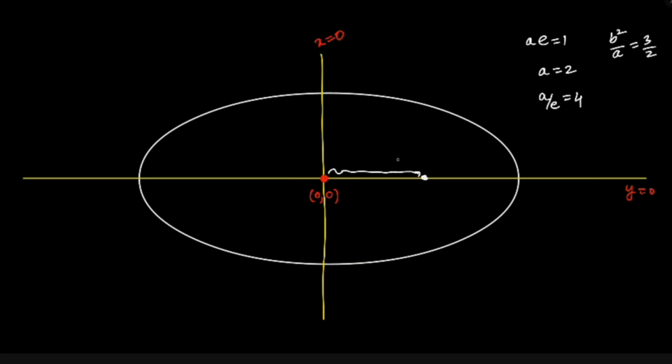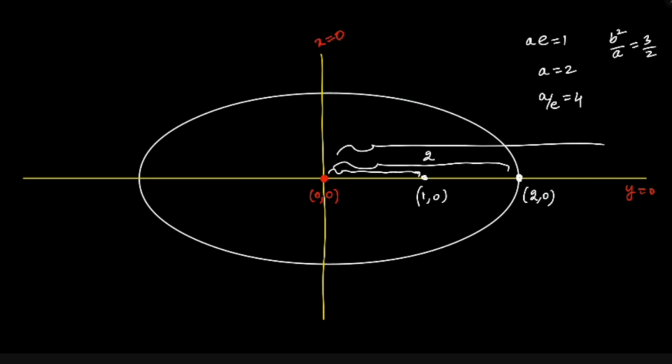So center to focus, the distance ae, is 1 unit. So what would be the coordinates of the focus? 1, 0. Center to one end of the major axis, how much distance? 2 units. What would be the coordinates of this point? 2, 0.